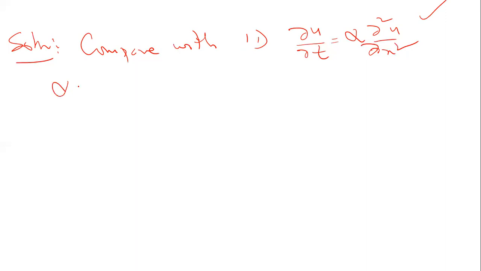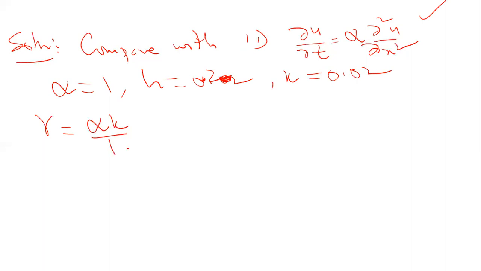We know that h is 0.2 and k is 0.02. Then your gamma, which is alpha k upon h square, will be 1 into 0.02 upon 0.2 squared, which is 0.5. Gamma is 0.5, right?